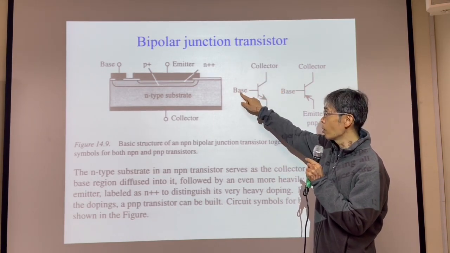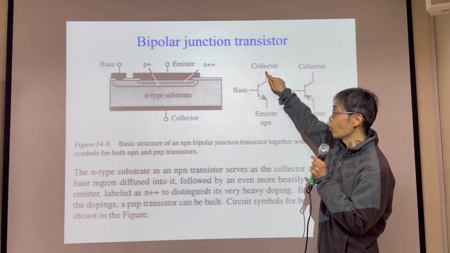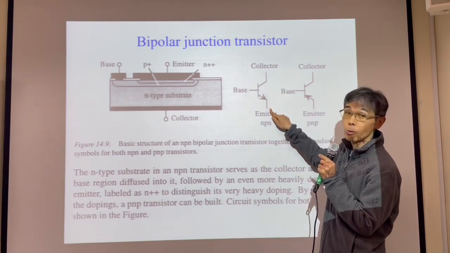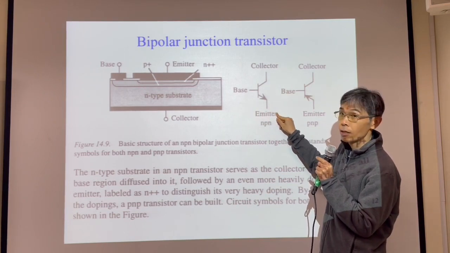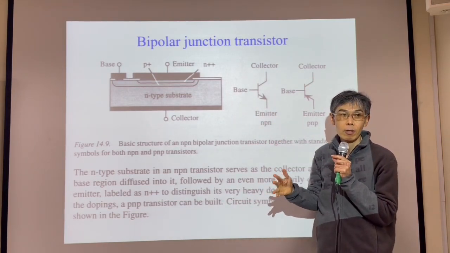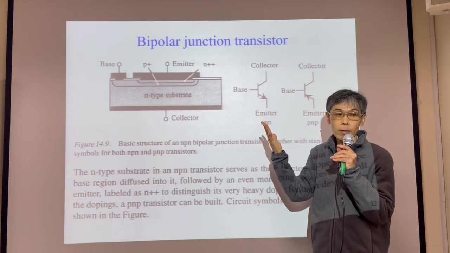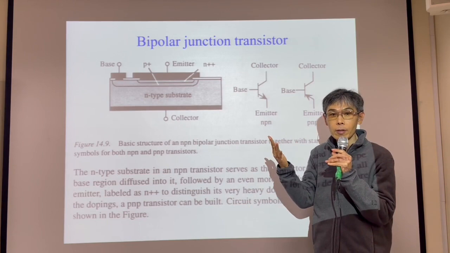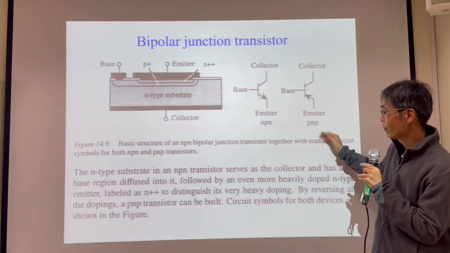If you have a small current here, then we will have a large current coming this way. IC equals beta IB. Beta could be 20, it could be 500. So it's a current amplifier. So this is the amplifier.